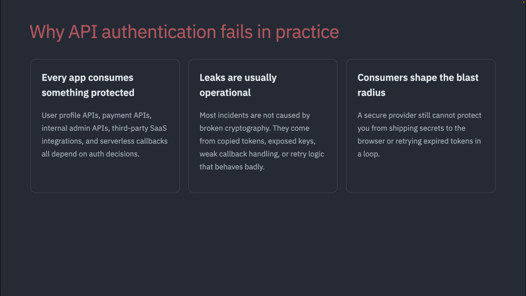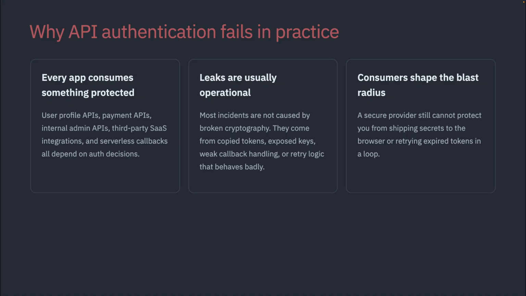Leaks are usually operational. That means if it's not protected correctly, you can copy tokens or expose keys, and then make calls in the backend in a way that was not designed or intended.